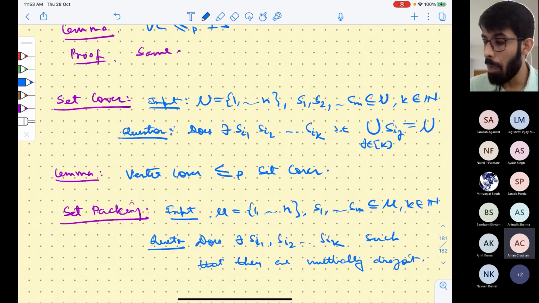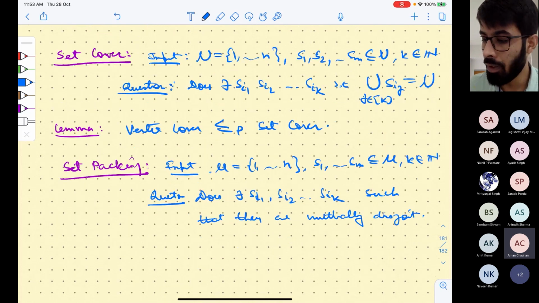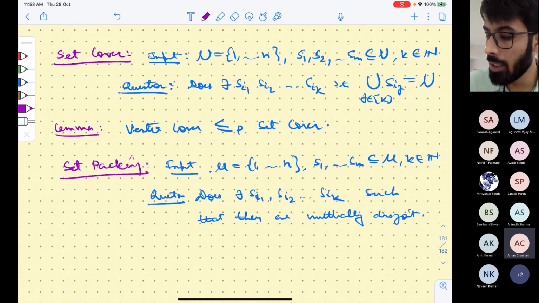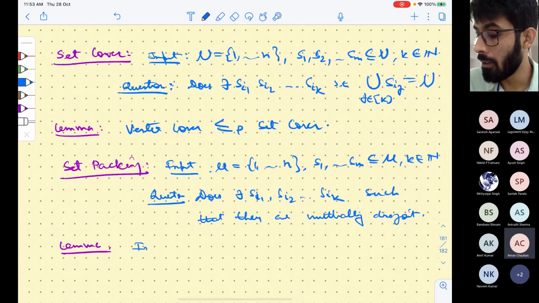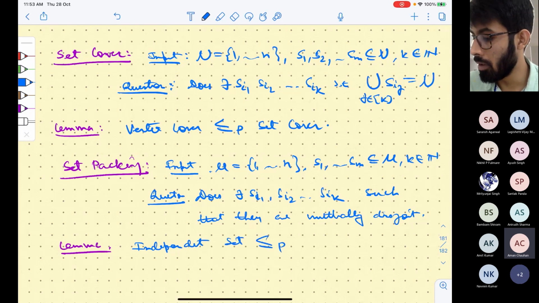What do you want to do? You want to pack the sets as tightly as possible, but you want these sets to be disjoint. So can you pack K of these sets which don't have anything in common inside U? That is the question. And there is a lemma which says that independent set reduces to set packing. This reduction is very similar to the previous reduction, vertex cover to set cover.